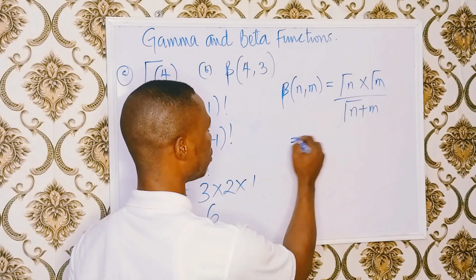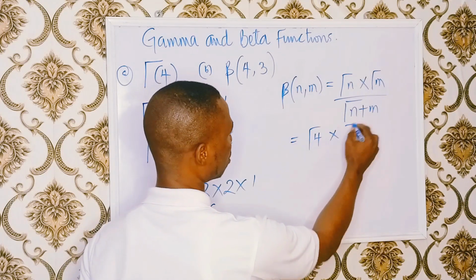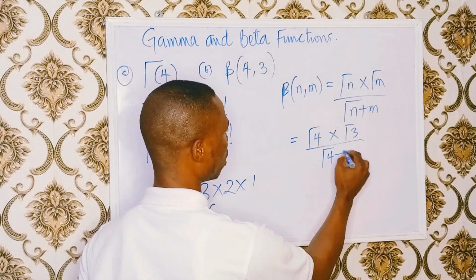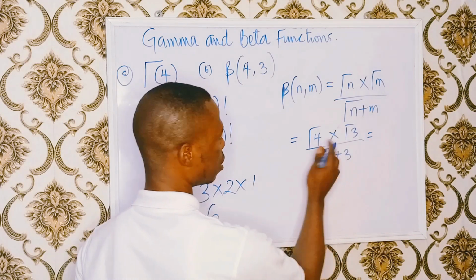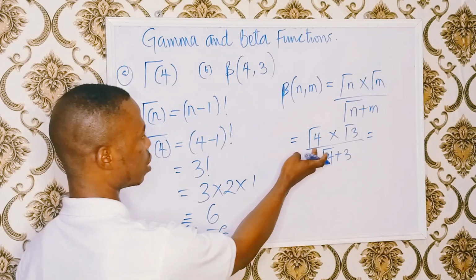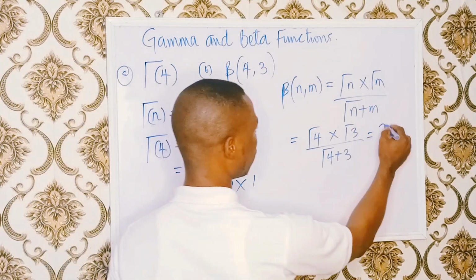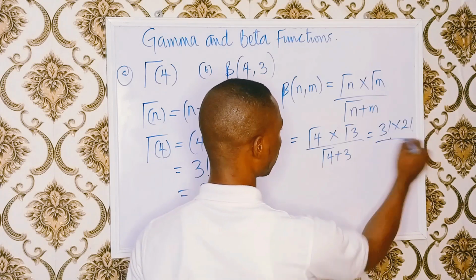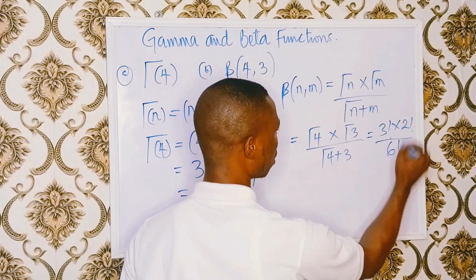That's going to be gamma 4 times gamma 3 over gamma 4 plus 3. Remember, for you to get gamma of any number, you use this. So that is going to be 3 factorial times 2 factorial over 4 plus 3 gives 7. That will be 6 factorial.